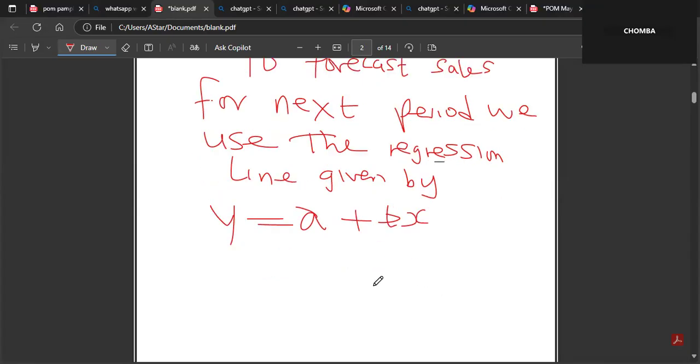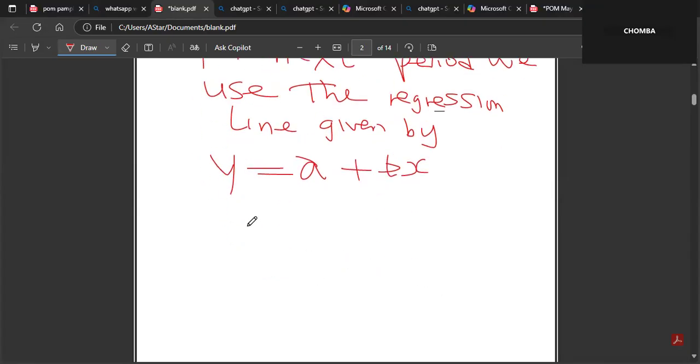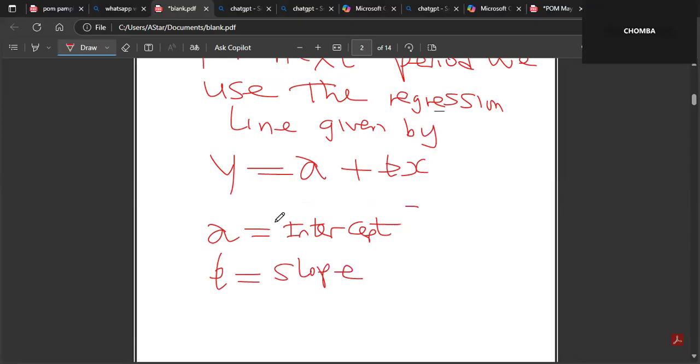So that's the regression line. What is our alpha? Our alpha is the intercept. These formulas are given. And beta is the slope. Okay. Are we there? Yes, following you.